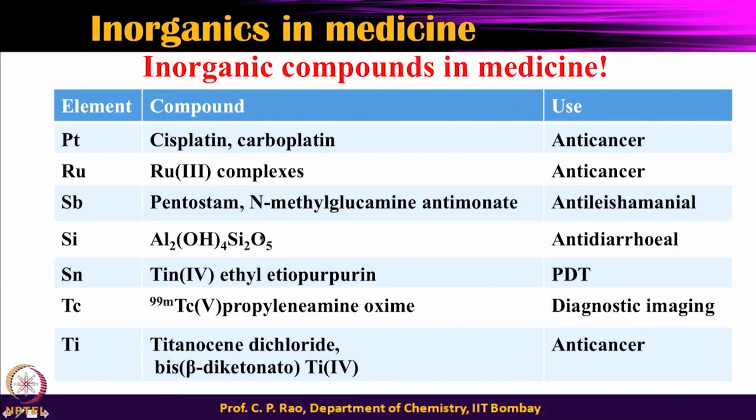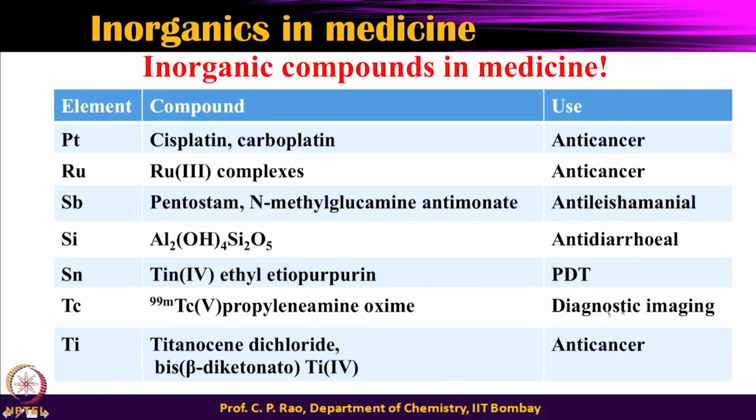Antimony, okay. So, N-methyl glucosamine antimonate has anti-leishmanial activities. Aluminum, aluminum silicates, anti-diarrheal, and tin ethyl etiopurpurin is a photodynamic agent. Technetium has a half life, so that is also used for tracking, diagnosing, imaging.